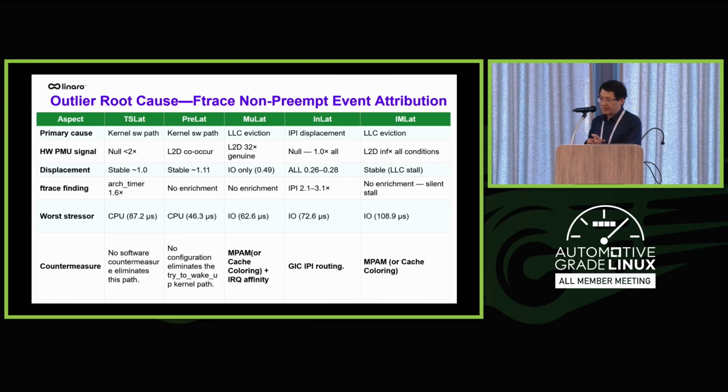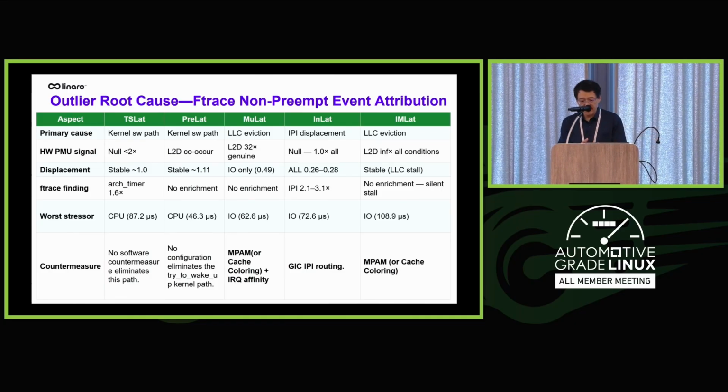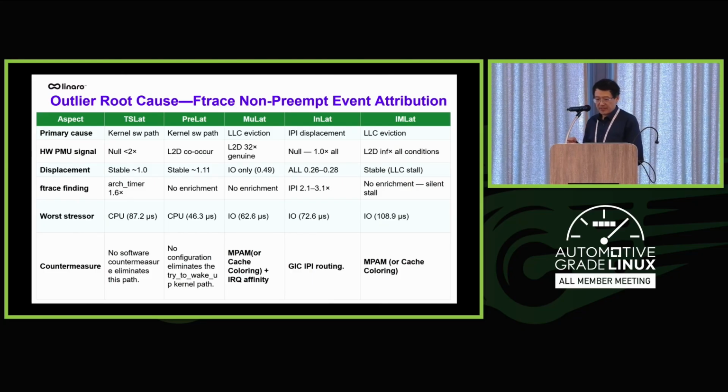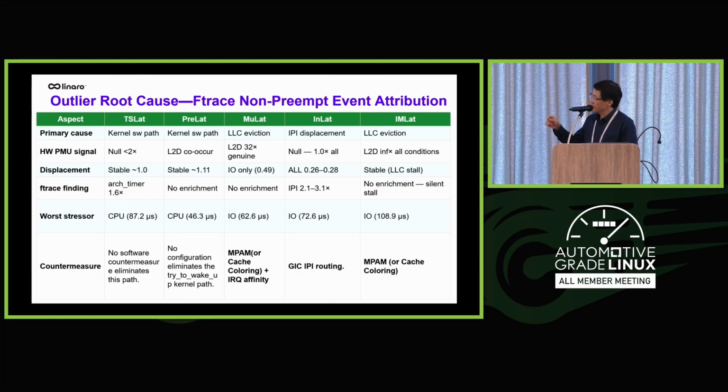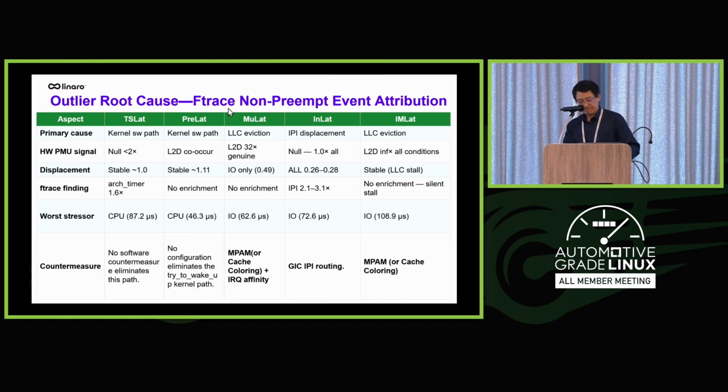This is something coming from hardware interference, and it can be countered by GIC IPI, software generated interrupt routing. The last one is inter-task messaging latency. The primary cause is last level cache eviction, and the countermeasure, as I mentioned, can be MPAM or cache coloring.